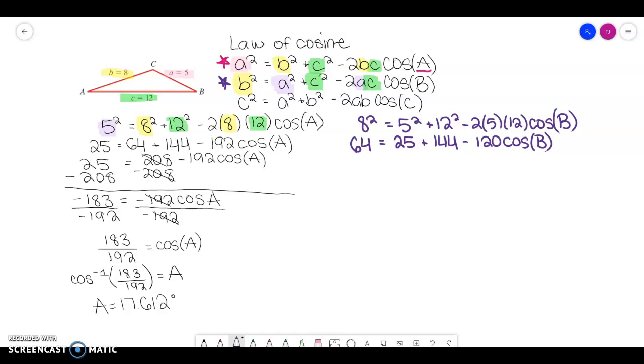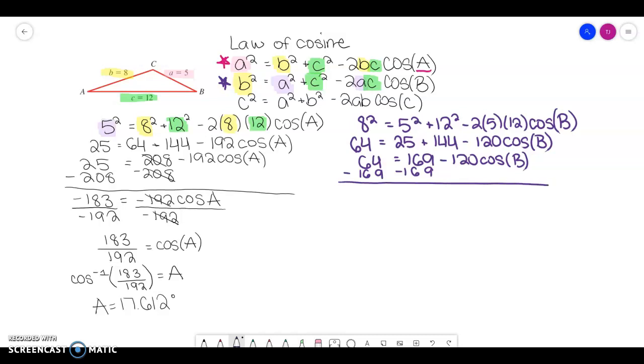I can add my 25 and 144 to get 169. And then to get that negative 120 cosine of B by itself, I'm going to go ahead and subtract 169 from both sides.